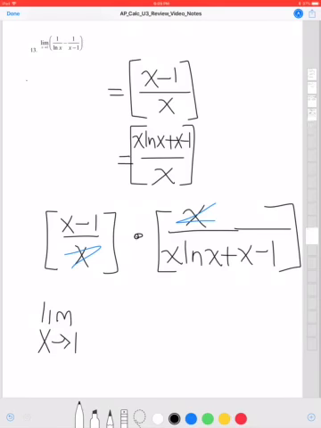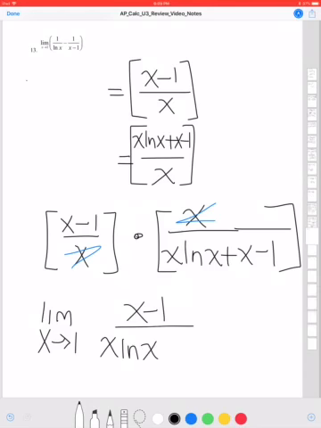So I'm going to rewrite my limit now. Plus x minus 1.